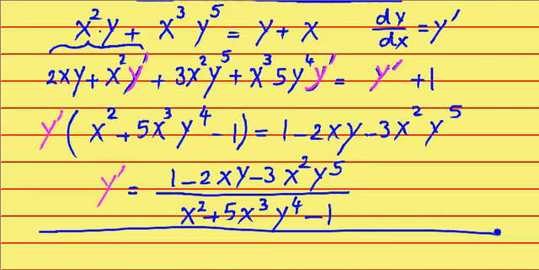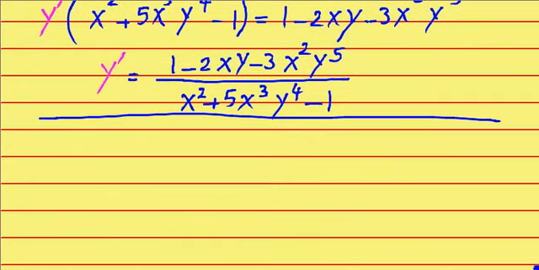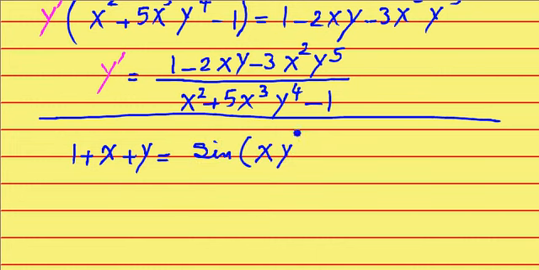Some of them maybe have a mixture of all sorts of other functions thrown in. It's just that you have to be careful about the y prime portion. Let's take something here. Suppose I take, here's another example, 1 plus x plus y is equal to sine of x y cubed.